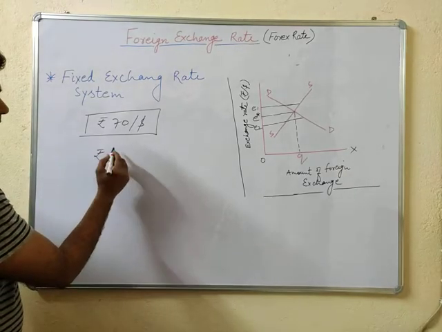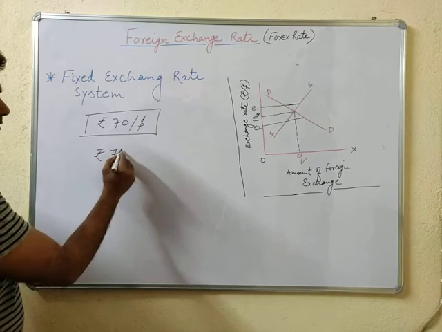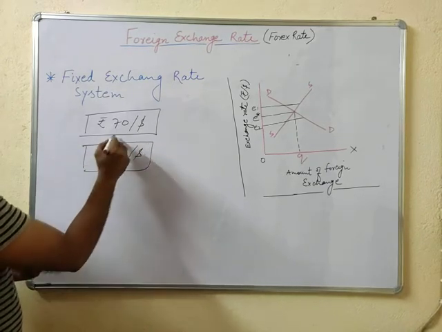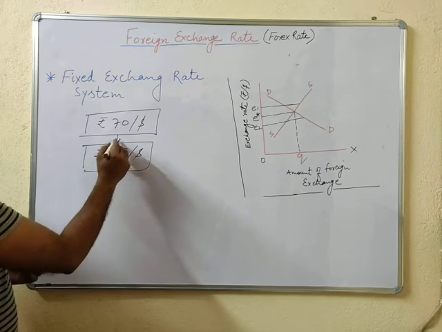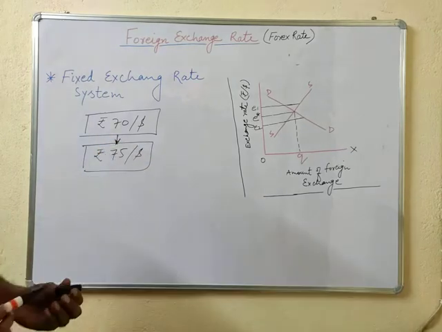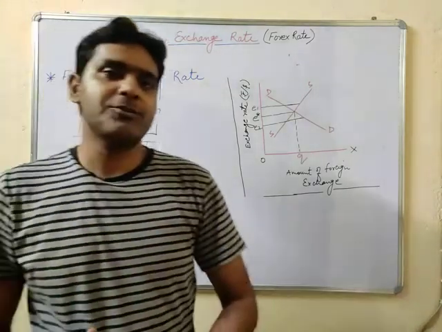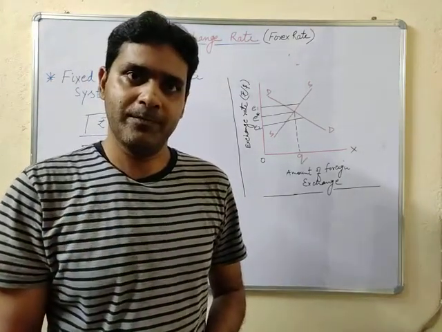Suppose now the exchange rate between $1 and rupee will be 75. Now the exchange rate has been increased by the government.